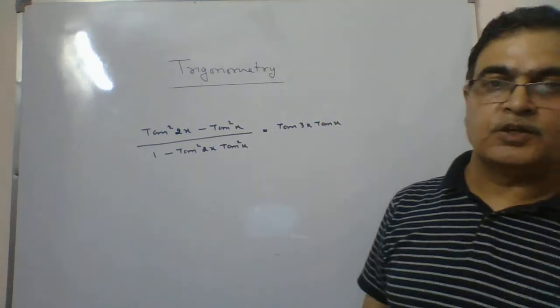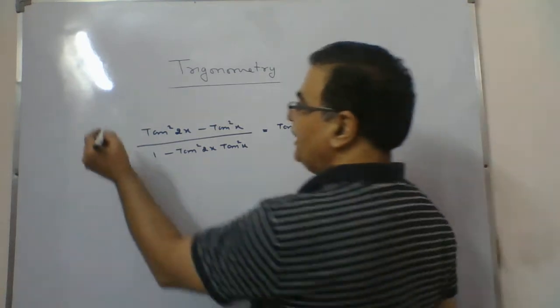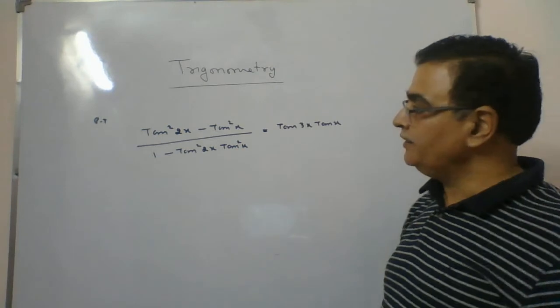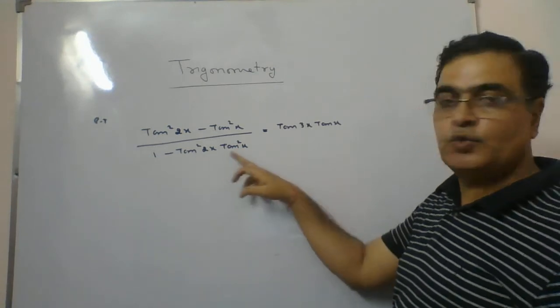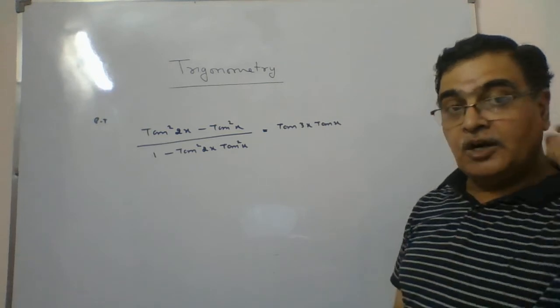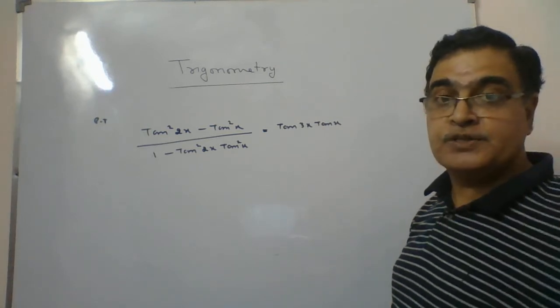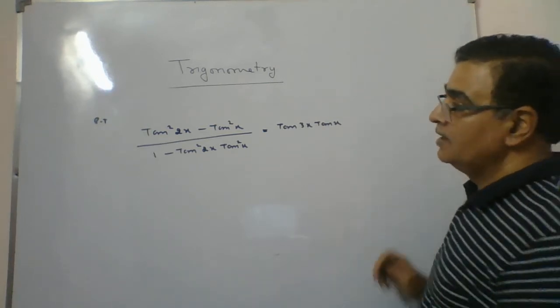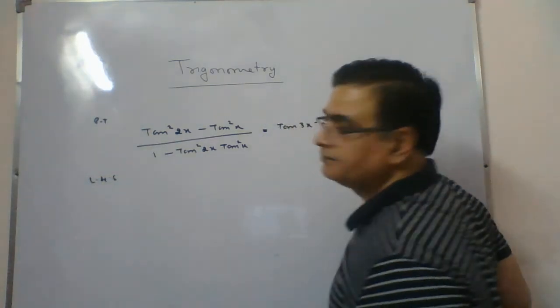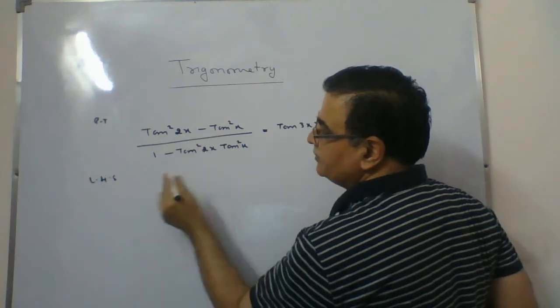Yes, this is another question we have. Prove that tan square 2x minus tan square x by 1 minus tan square 2x tan square x is tan 3x into tan x. Now in this case again we have two options to do this question. First option, if you start with left hand side, it is a square minus b square formula.